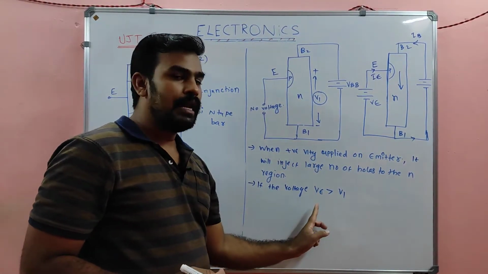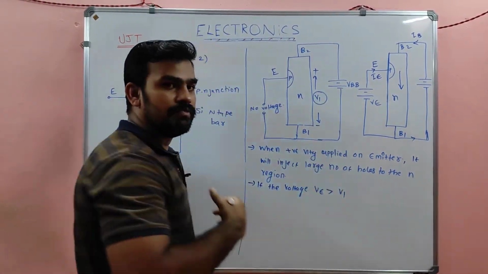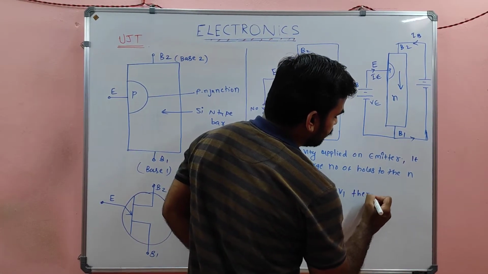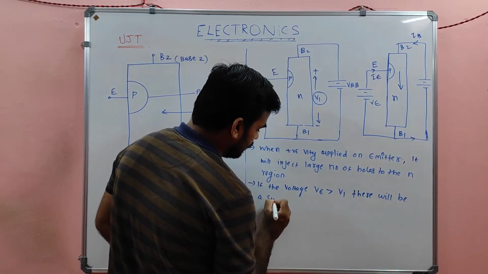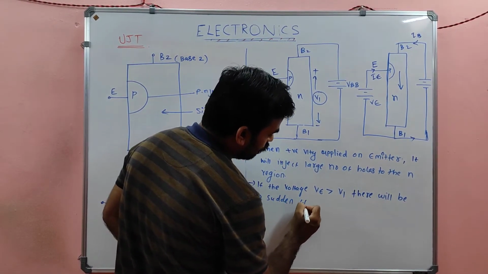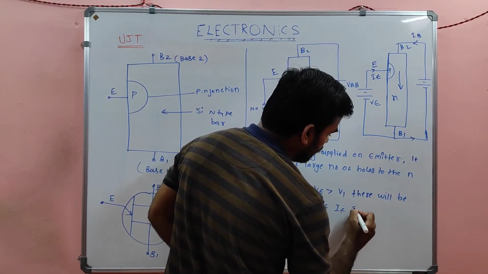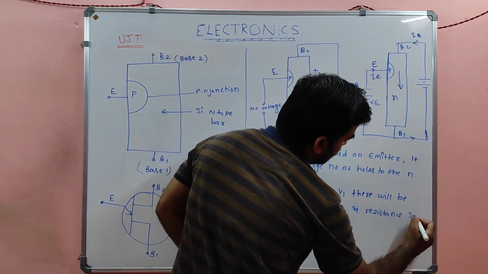If we apply a voltage VE which is greater than this V1, my dear, what happened? There will be a sudden flow of IE, and resistance suddenly drops.